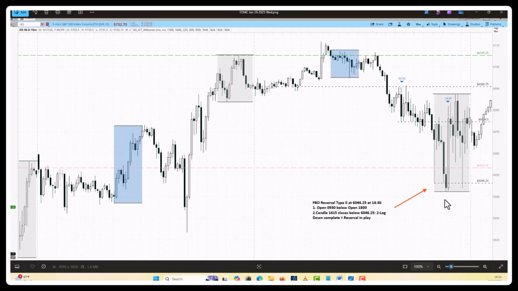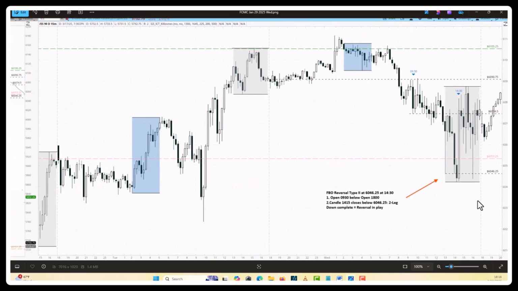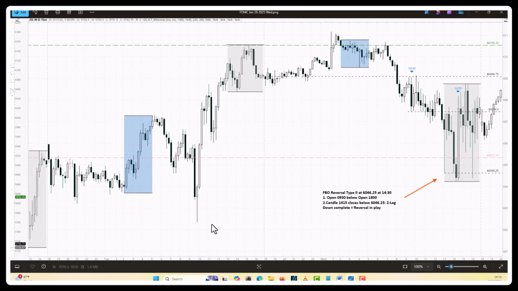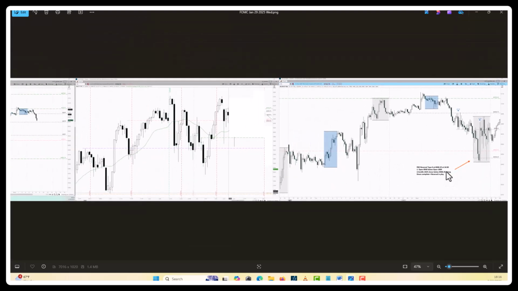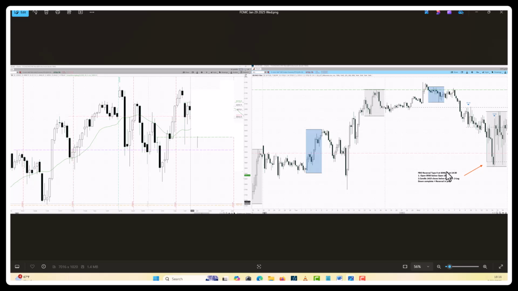But right here we don't see it raid the sell side already. It did raid the buy side. So it gave us a signal right there that it doesn't need to go down and raid the low. As soon as you see the setup, you can go long right here. It tells you that the 2 leg down is complete right there. So that is January.